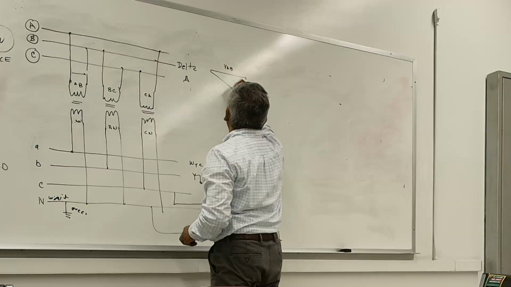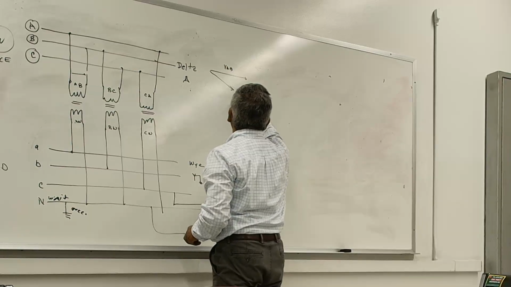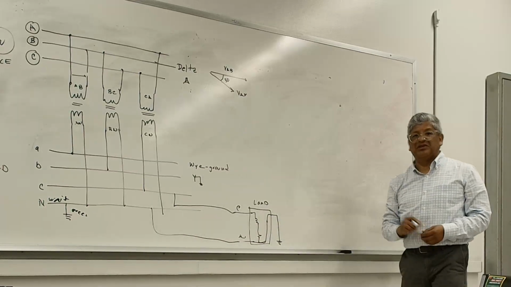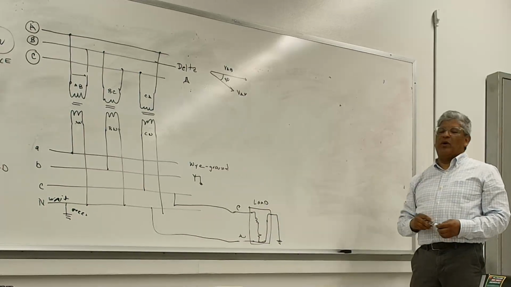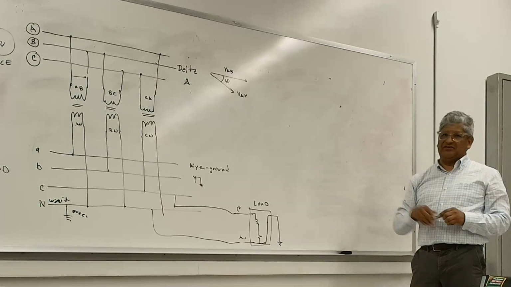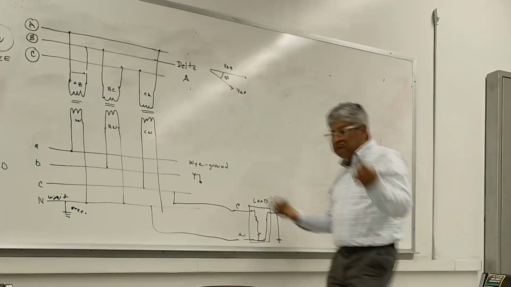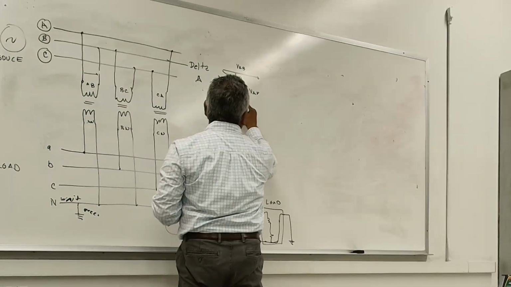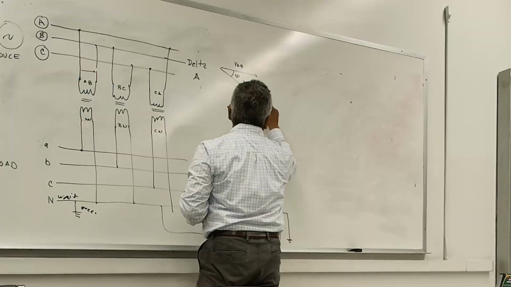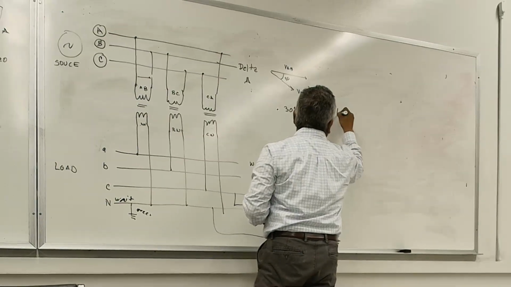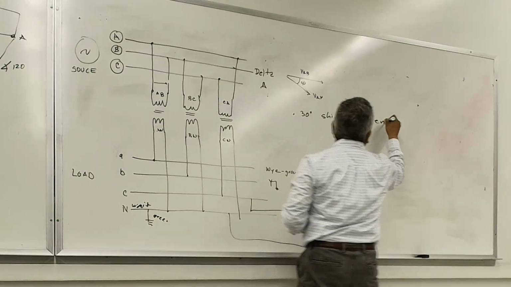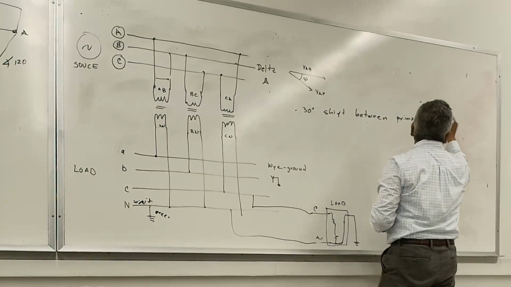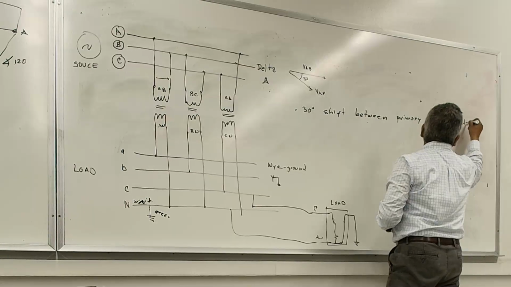VAB and VA to neutral, the 30-degree shift is always going to be there because of that delta Y transformation and the way the windings are connected. So you can say one of the disadvantages is the 30-degree shift between primary and secondary. Okay?